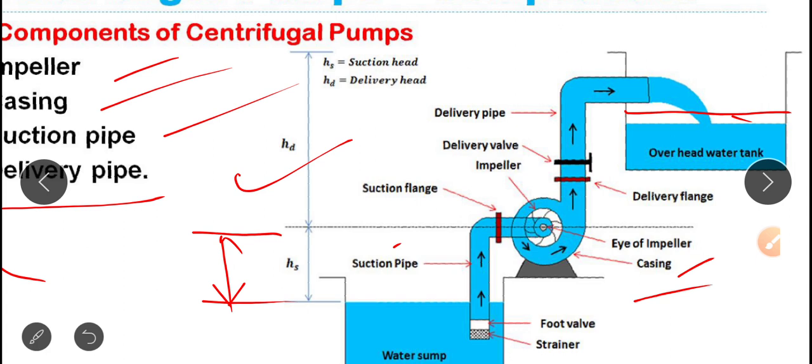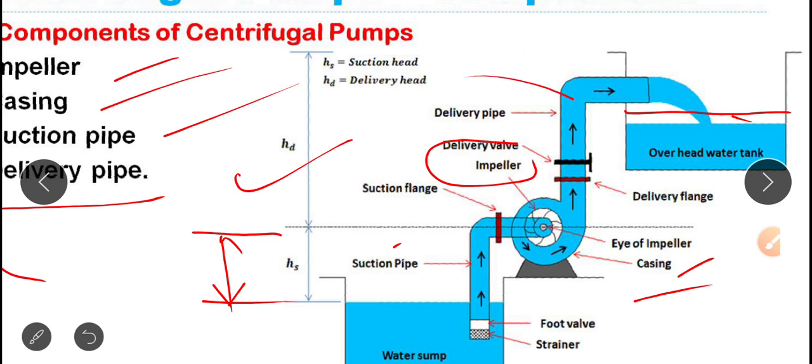The total head is equal to HS plus HD. Also some other losses should be incorporated, which we will come across later. The total effective head will be equal to this, and even losses due to friction, etc. are to be taken into account. So delivery flange and delivery valves you can see here.